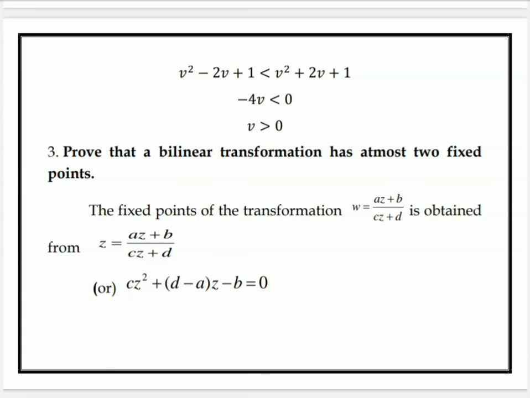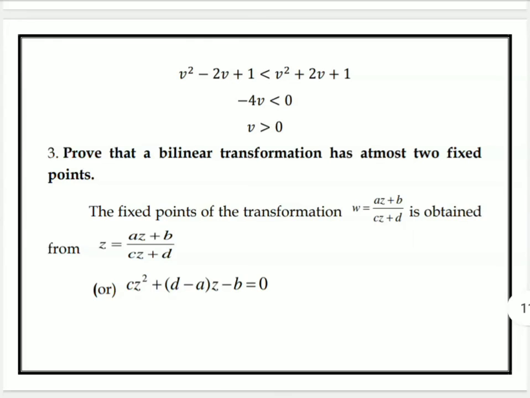The third question: prove that the bilinear transformation has at most two fixed points. Solution: the fixed points of the transformation W equals (AZ plus B) divided by (CZ plus D) are obtained from Z equals (AZ plus B) divided by (CZ plus D).